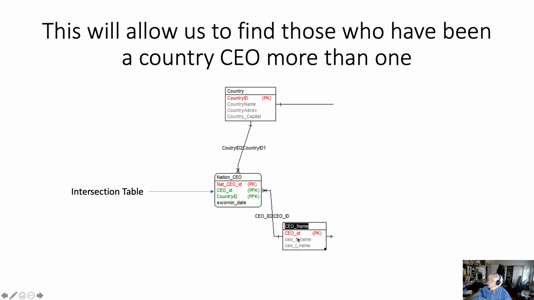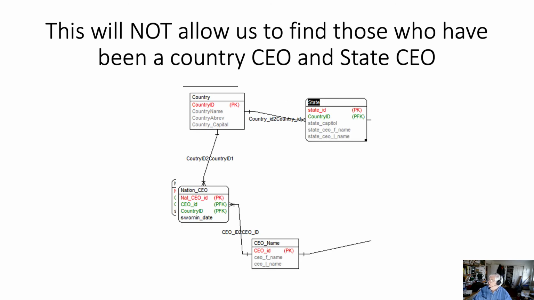Because we're getting the CEO's name out of this table, we can be sure that we don't duplicate. And now we'll be able to tell if the same person has been president more than once, like Cleveland. All right, but we still have got the same issue over here on state.